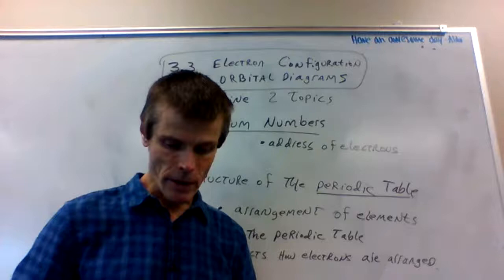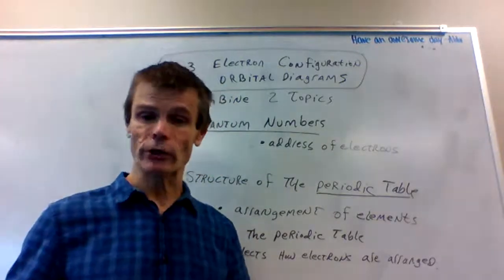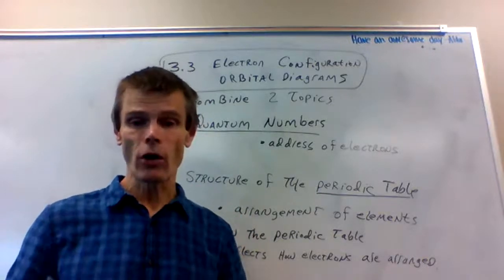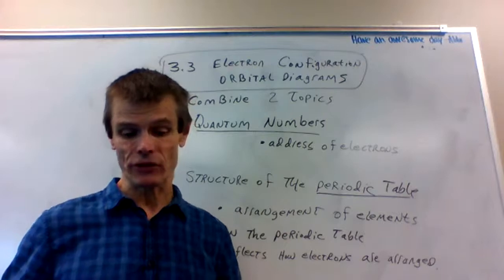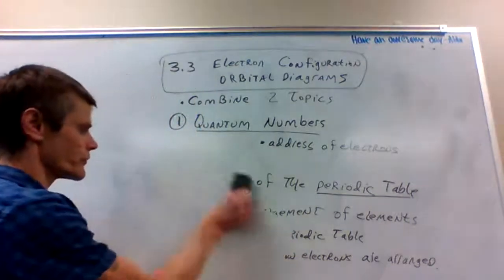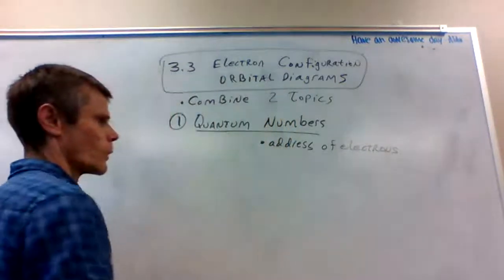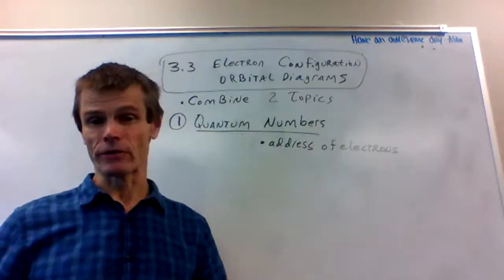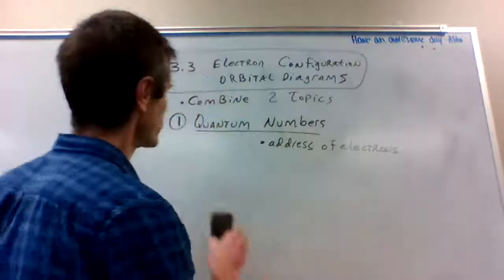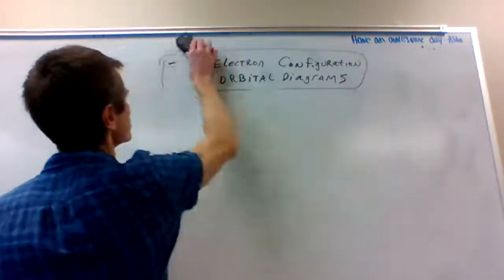Now, we're going to focus on the electron configuration for atoms in their most stable state. We call this the ground state electron configuration. Our goal in this section is to use the periodic table, quantum numbers, and energy level diagrams, something a little bit new that we may not have any background in.